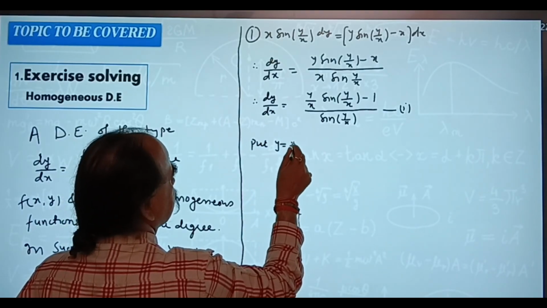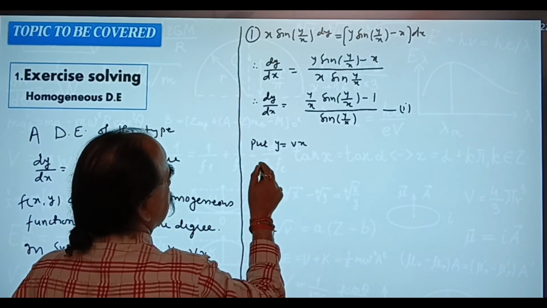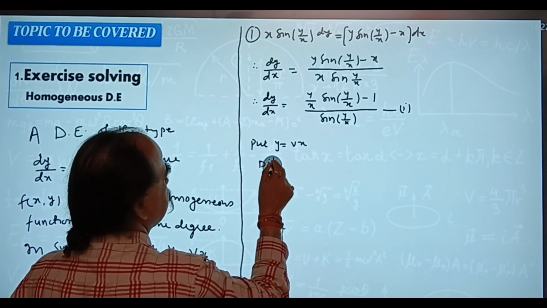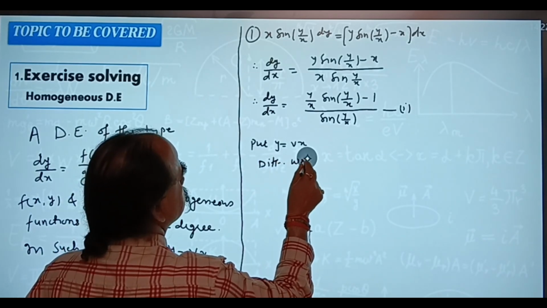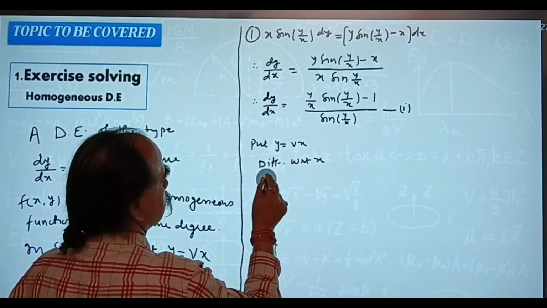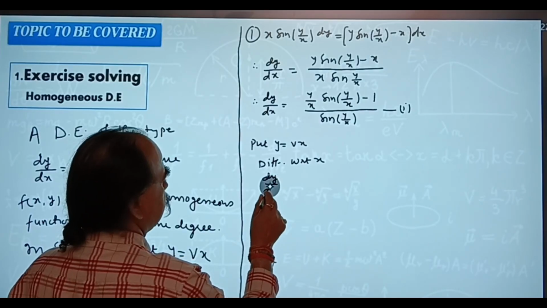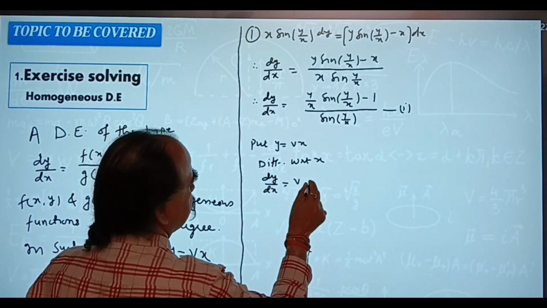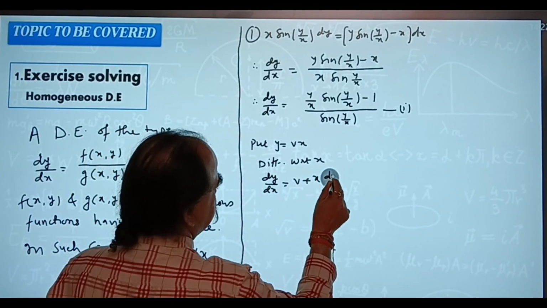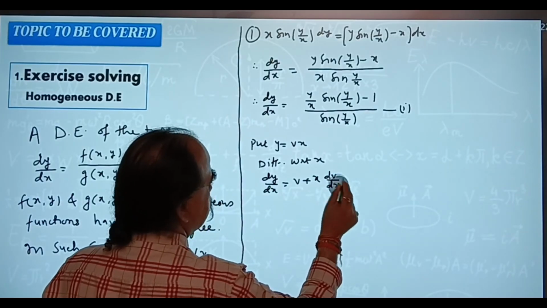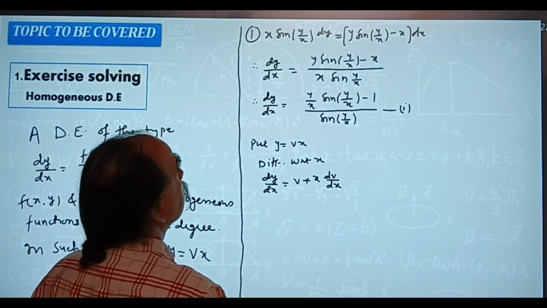Put y is equal to Vx. Differentiating with respect to x, dy by dx is what? V plus x dv by dx.